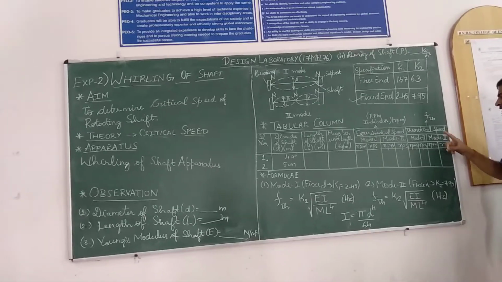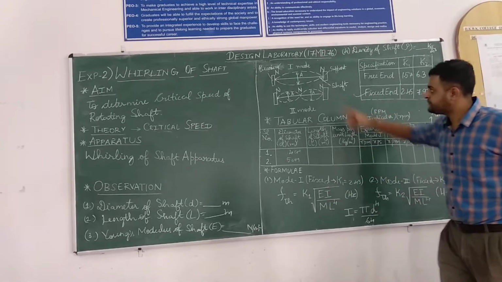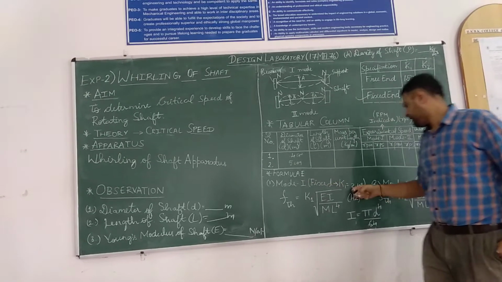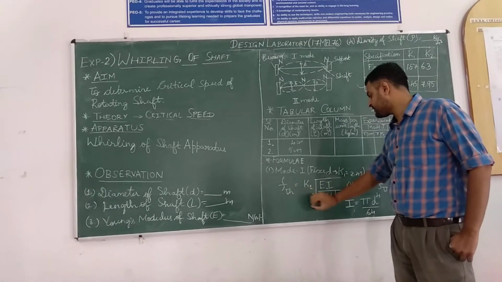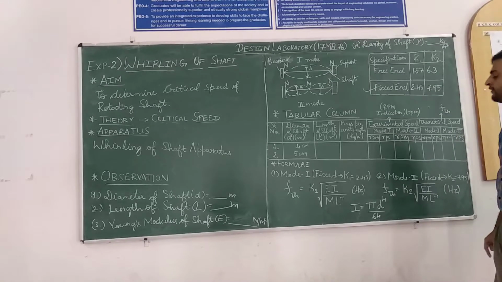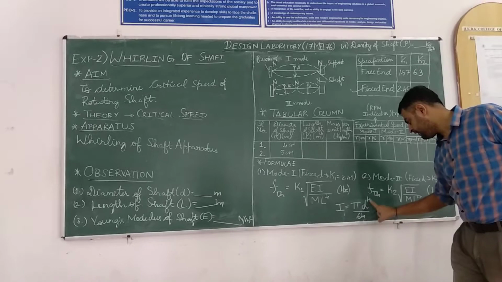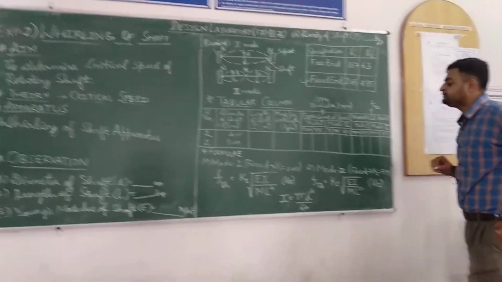The theoretical speed is calculated using the following formulas, based on mode 1 or mode 2. For mode 1, that is the fixed end condition, K1 is 2.45. The theoretical frequency is given by K1 times the square root of EI by m l to the power 4, in hertz, where I is given by pi d to the power 4 by 64, and d is the diameter of the shaft.